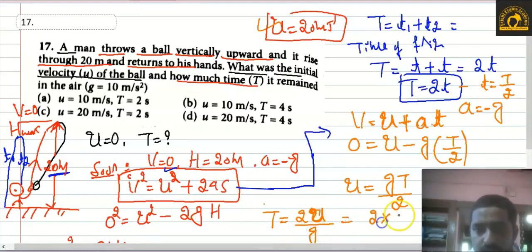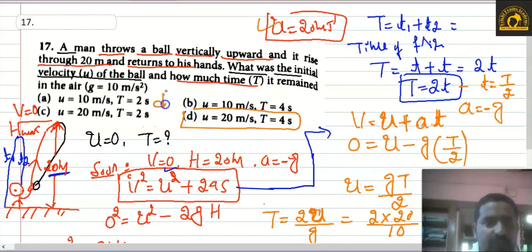So 2 into u, which is 20 meter per second, divided by g, which is 10, is equal to 4 seconds. That is the answer for this question. The answer matches option D, which is the correct answer. Okay, so let's move to the next question.